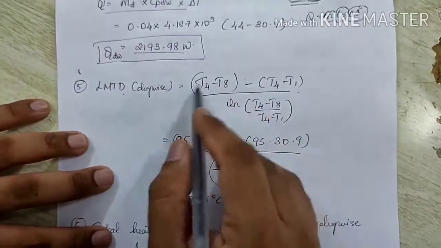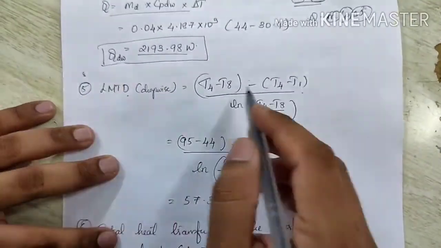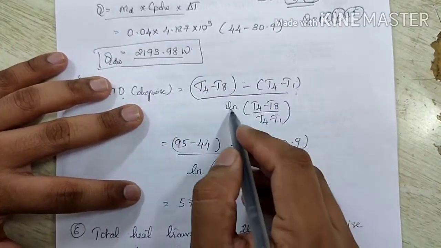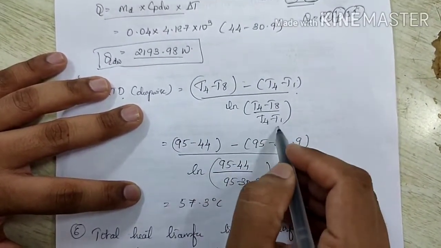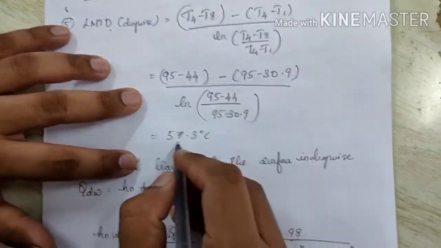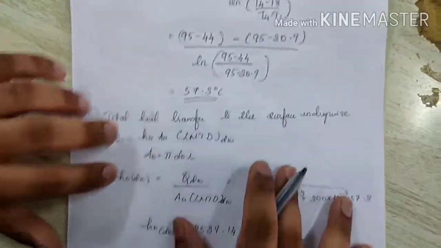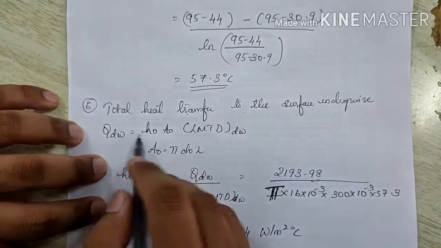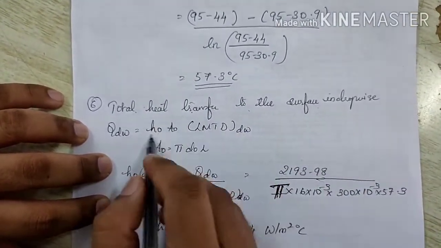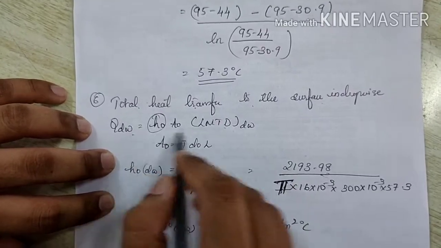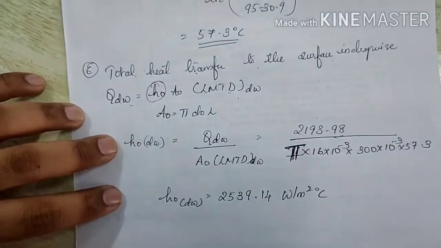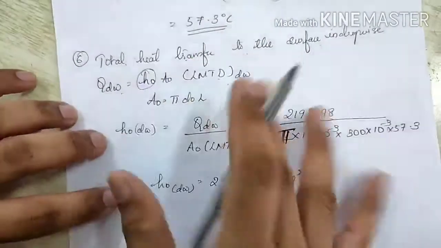Now for this, the same procedure we have to go through as we have gone through for film wise condensation. LMTD is T4 minus T8 minus T4 minus T1 divided by ln T4 minus T8 by T4 minus T1. So the answer will be 57.3 degrees Celsius. Now, to calculate the total heat transfer, that is H0, the same formula we are using as we used in film wise condensation.